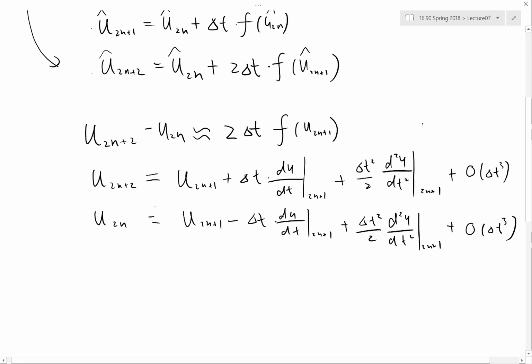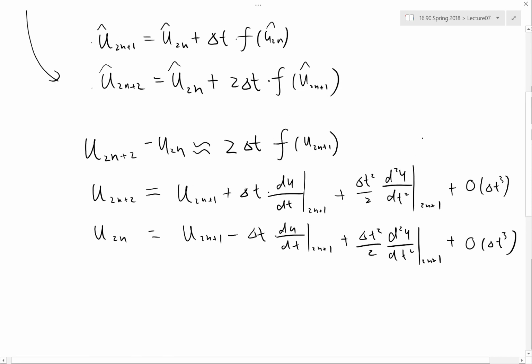Now if you plug the same formula into the numerical formula, what you're going to get is u of 2n plus 2 would be equal to u of 2n plus 2 delta t times du/dt at 2n plus 1. And then actually the second derivative term cancels out, and I would add O(delta t cubed).